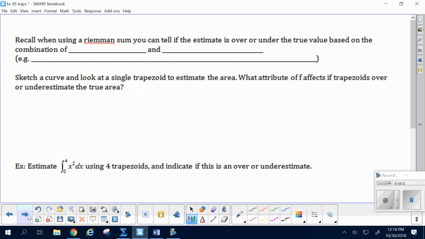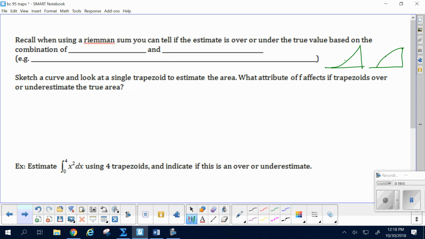When you're using a Riemann sum, you can tell if it's an over or underestimate based on what two things? Okay, not concavity. Actually, let's go here. Do you agree that one of these is concave down and one is concave up?